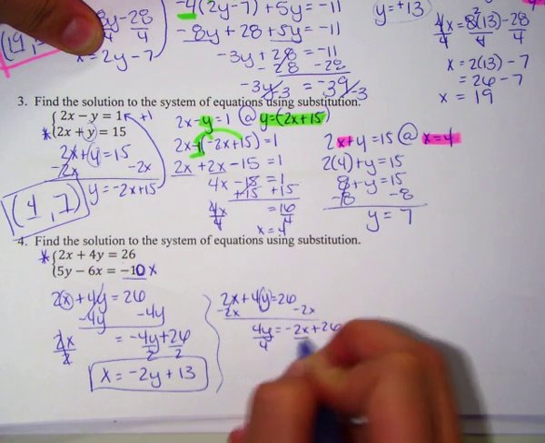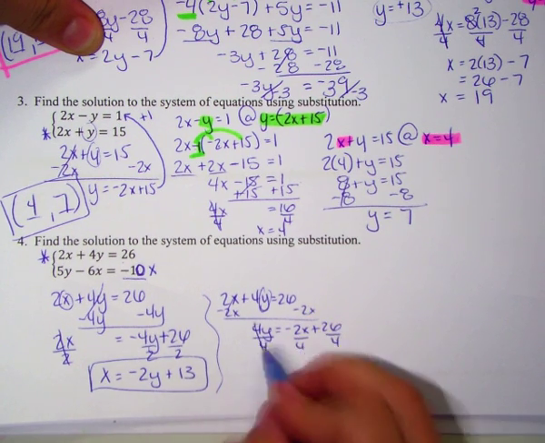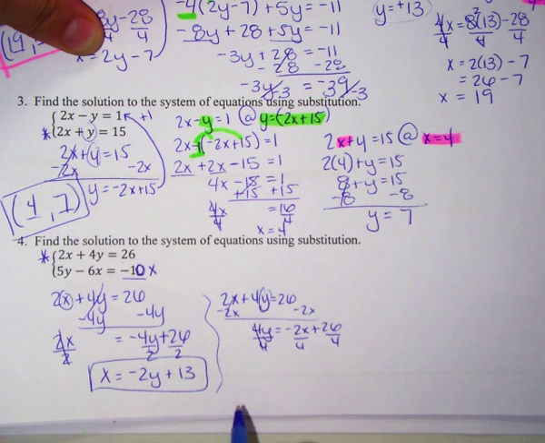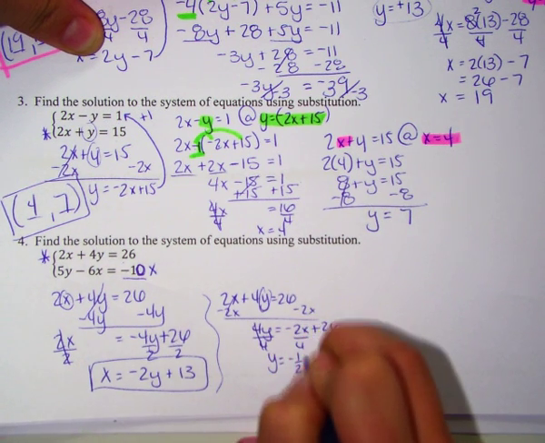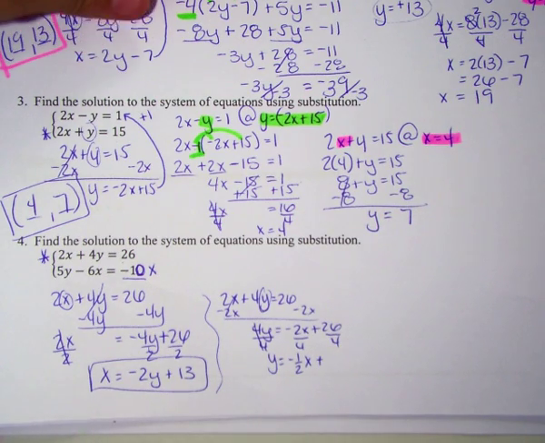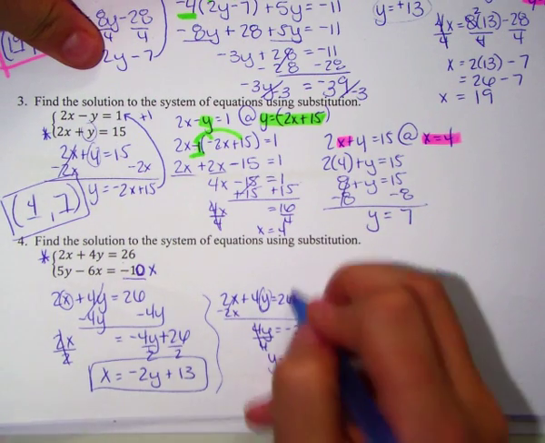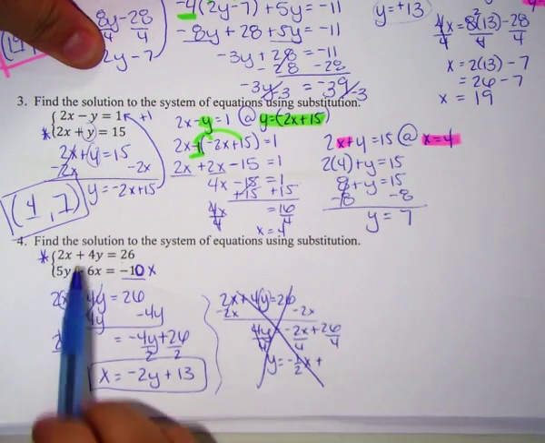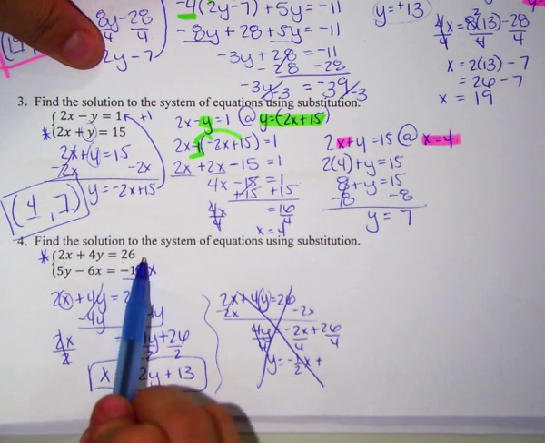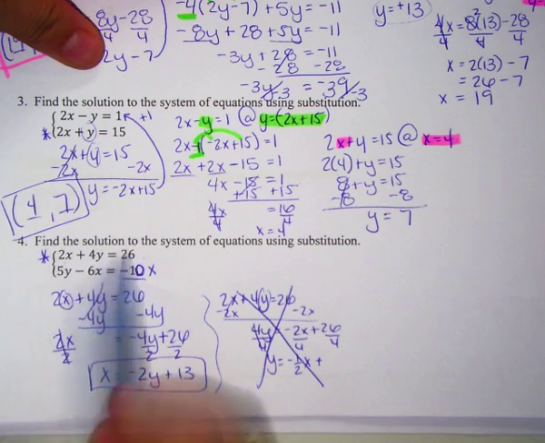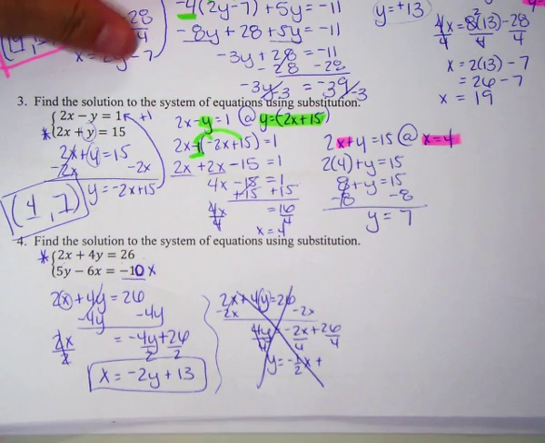When I divide everything by 4, they're not evenly divisible by 4. So y equals negative 1/2 x plus 26 divided by 4. This doesn't look fun. So what you want to do is look and see what number you can divide evenly into all of them. 2 goes evenly into all of them, so I'm going to choose 2.